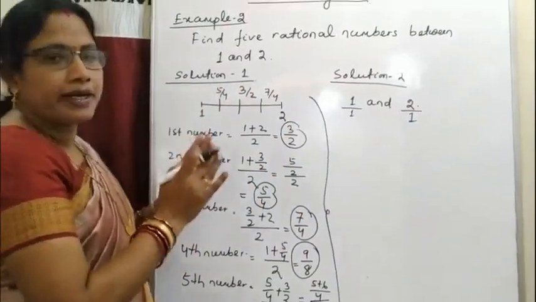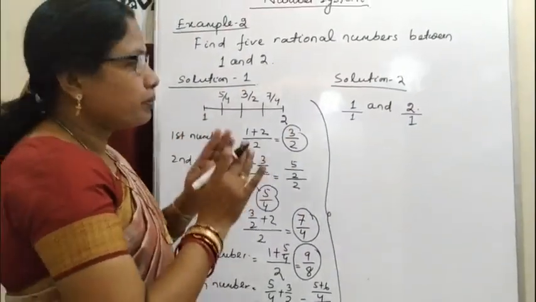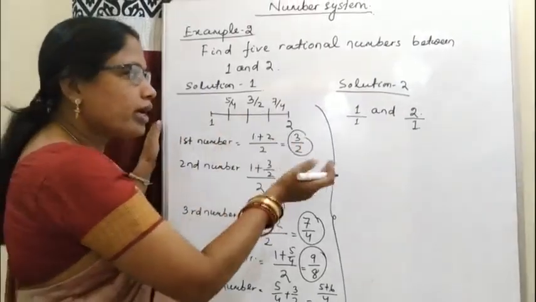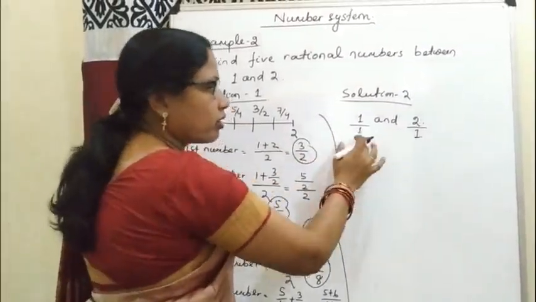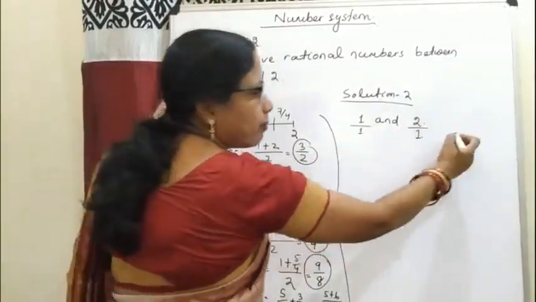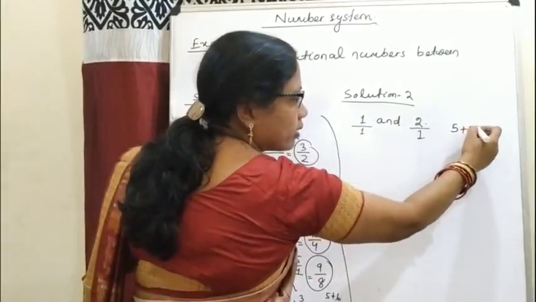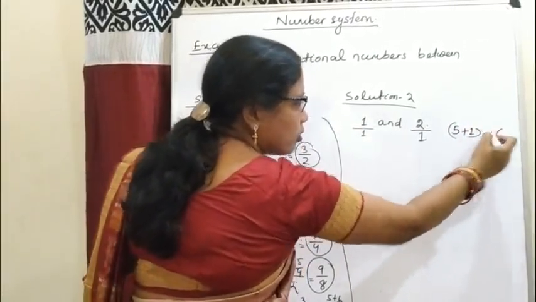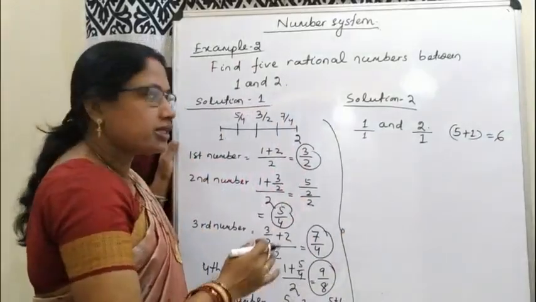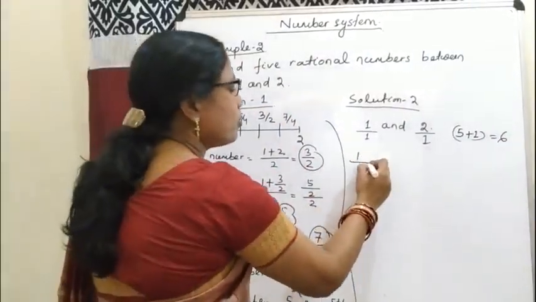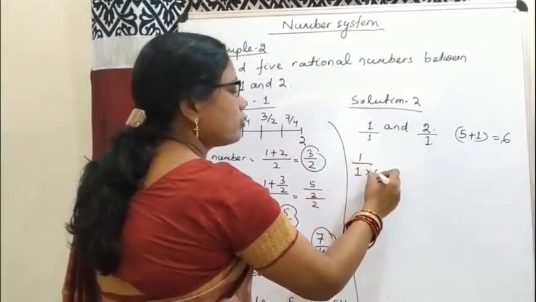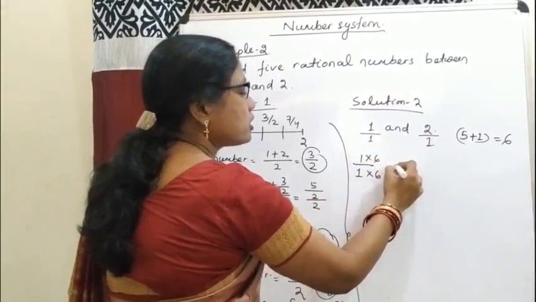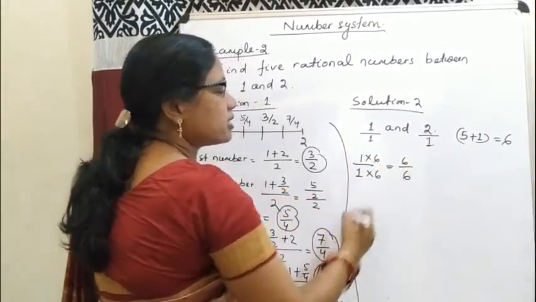So we have to find 5 rational numbers between 1 and 2. So we have to make the denominator of each number 5 plus 1, that is 6. We have to make the denominator as 6. So 1 by 1 multiplied with 6. So this becomes 6 by 6.